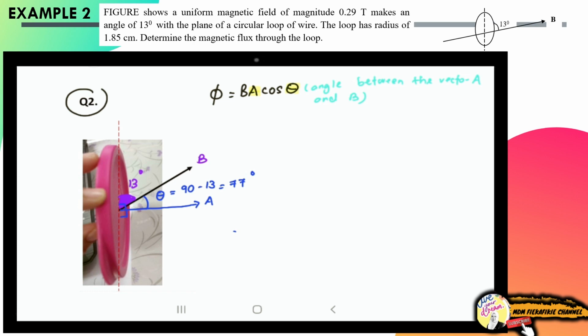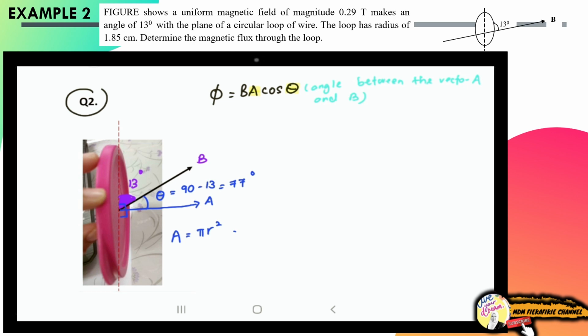Now we can substitute in this question, but before that, we need to calculate the area of the loop, which is pi r squared, where r is given as 1.85 cm.